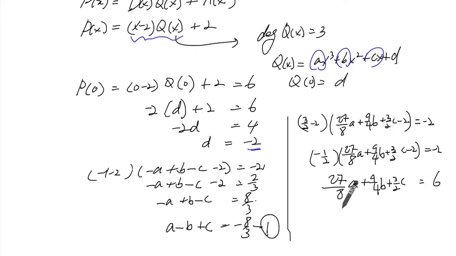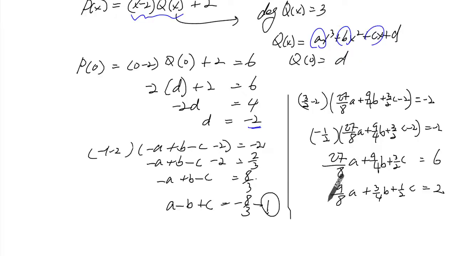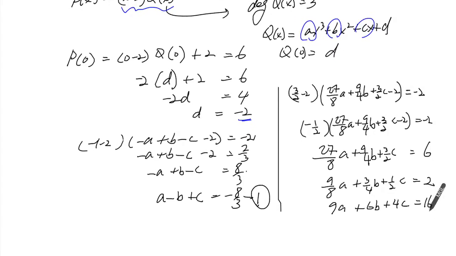Divide everything by 3 and you get 9 over 8 a, 3 over 4 b, half c is equal to 2. Then let's multiply everything by 8 to get 9a plus 6b plus 4c is equal to 16. This is going to be our second equation.